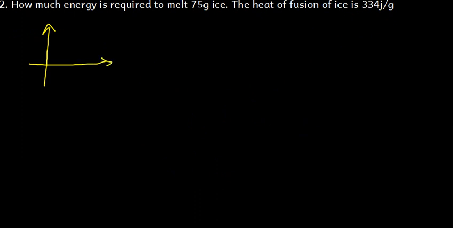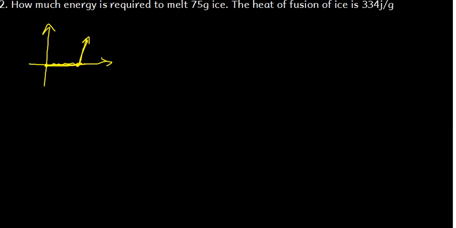If you've been given ice at 0 degrees, it is here. Now we want to know how much energy is required to melt this ice. As long as it is at 0 degrees, it is still ice. For it to become a liquid, all the ice has to be converted into water.